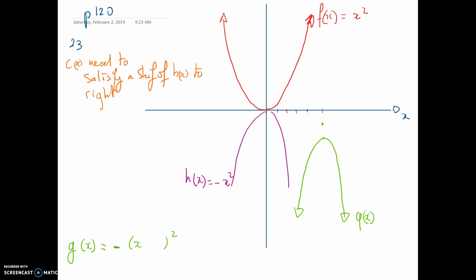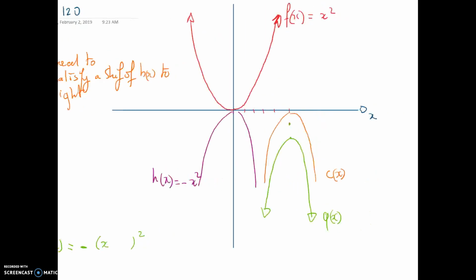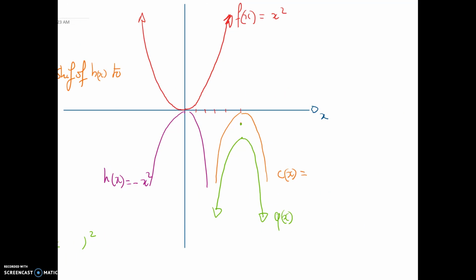And that means that I need to move that at least 5 units. So what I'm looking for right now is to graph c of x right now. And this c of x is basically equal to h of x minus 5. And that means I have a shift of 5 units to the right of h of x.